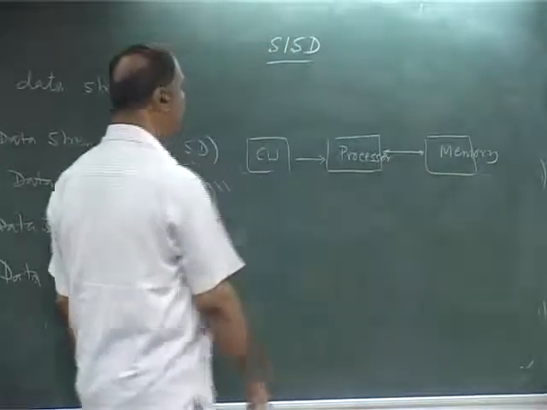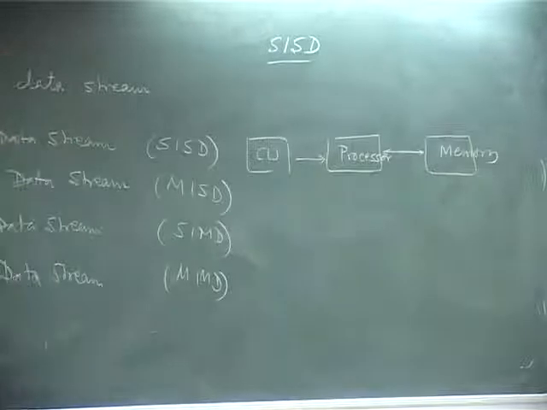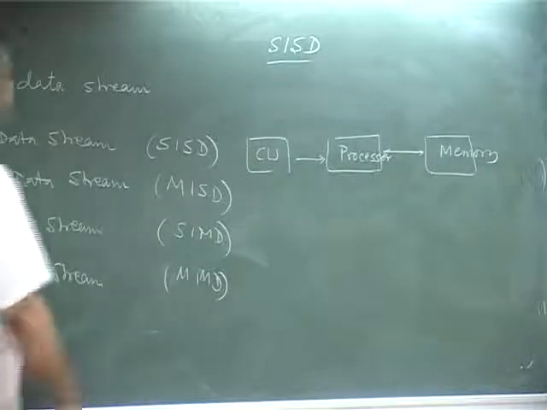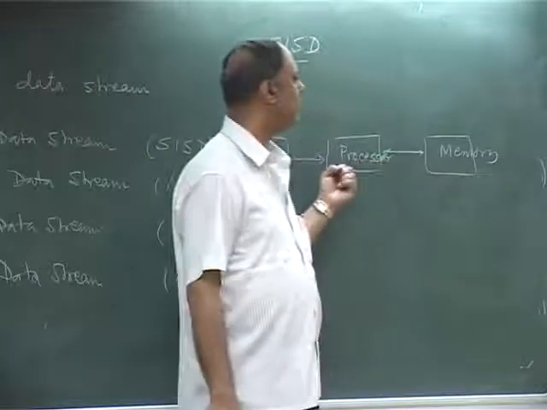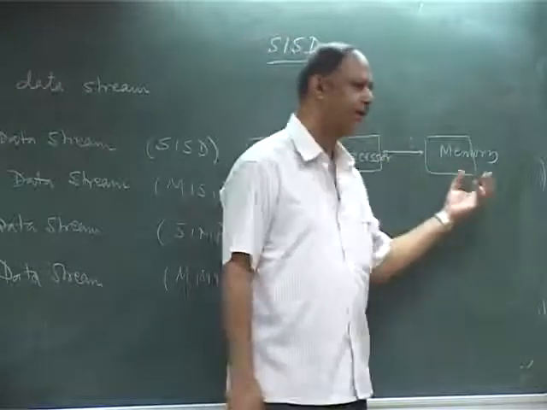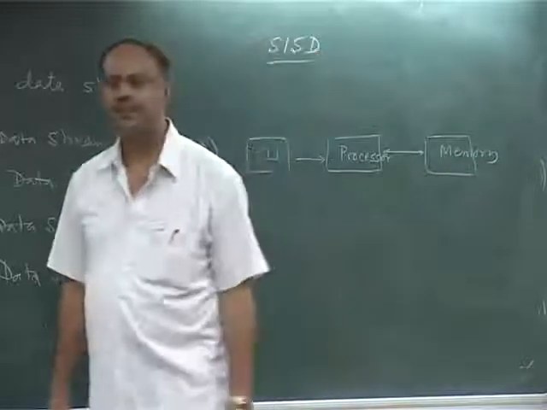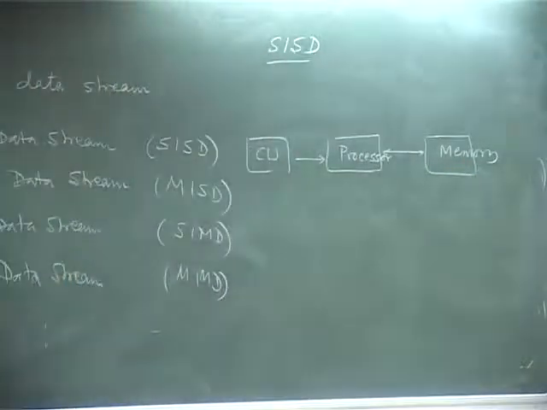The control unit broadcasts to the processor to perform a stream of instructions. The processor gets the data from the memory, performs the operation, and stores the result back to the memory. This is the simple structure of SISD, and the usual sequential machine works on it.